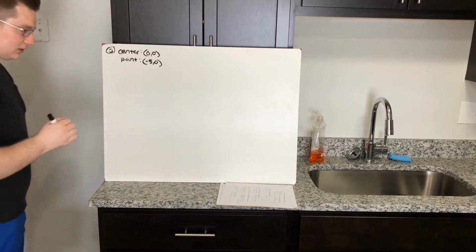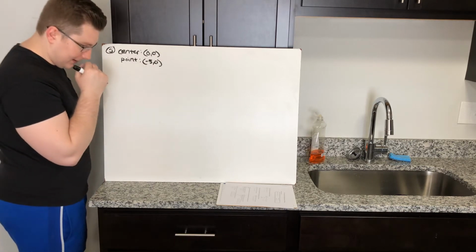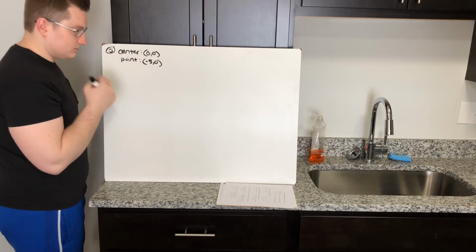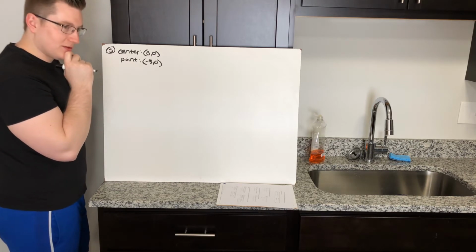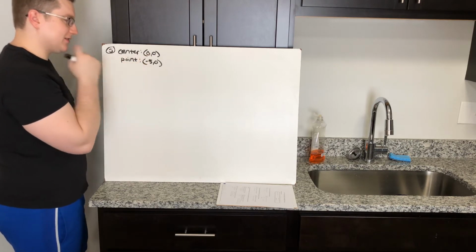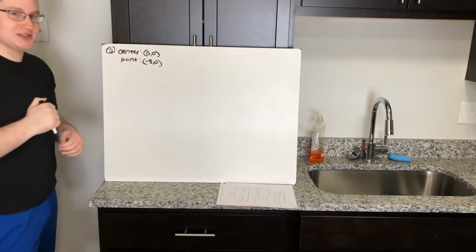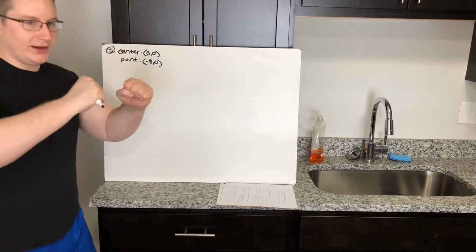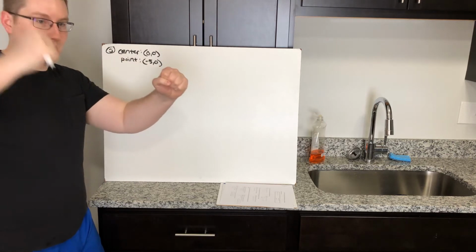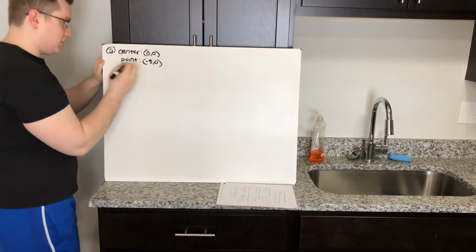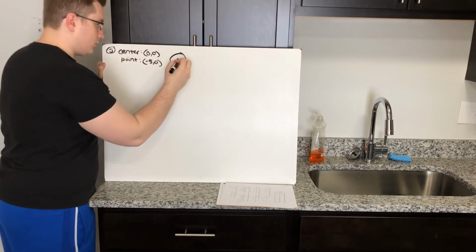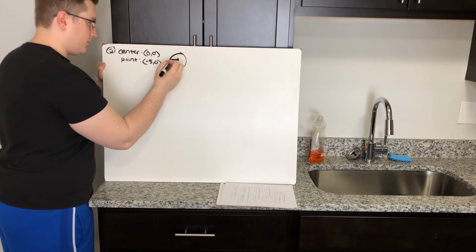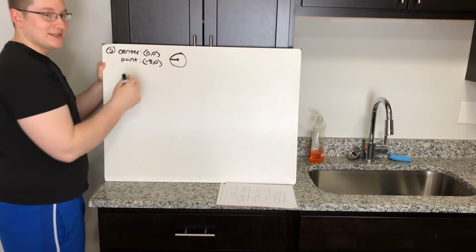So if I'm going to look at this, I need to think, hey, we're going to have to use some formula that gives us the radius. Remember, the radius is just the distance between the center of the circle and a point on the edge of the circle. So, quick drawing. We've got to find the distance.